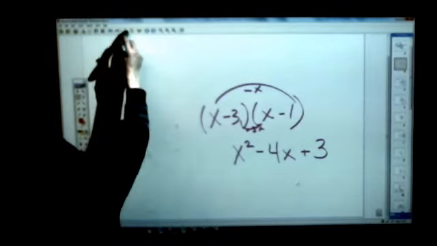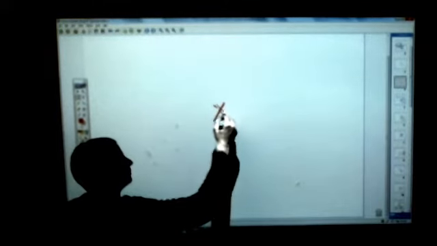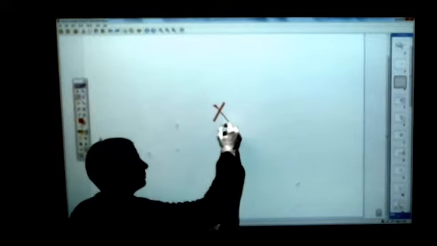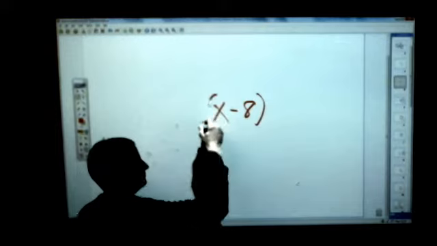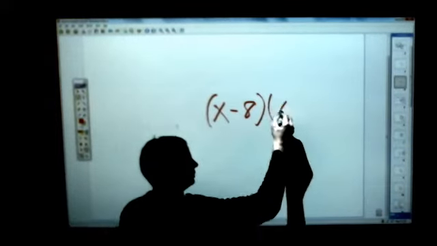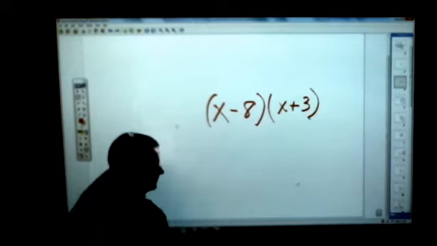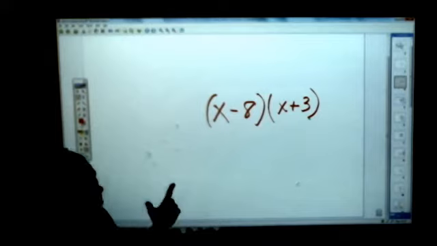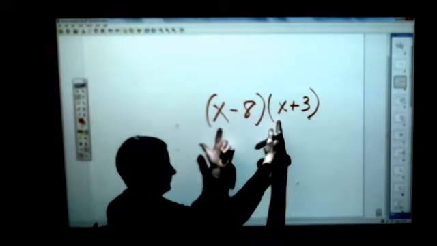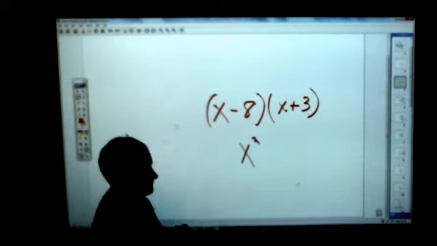Ready? Here we go. x minus 8 times x plus 3. In FOIL, the first term is going to be the first two things multiplied together, x squared.